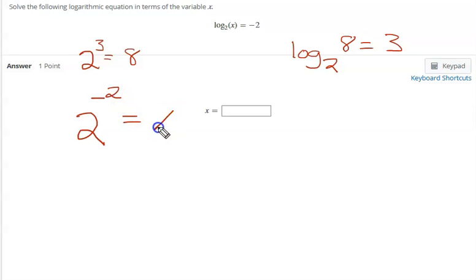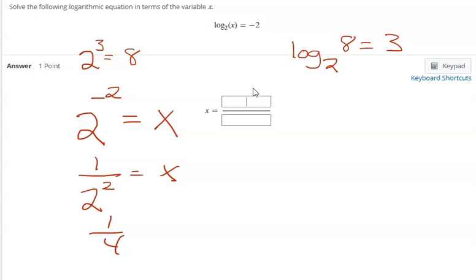So what would x be? Well, this is going to be 1 over 2 to the second, which is 1/4. So here we're going to put in 1/4. And that'll be that.